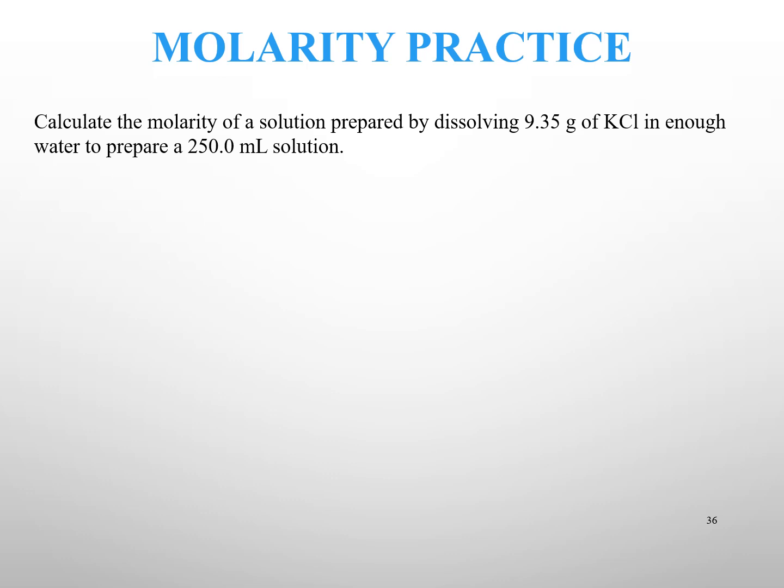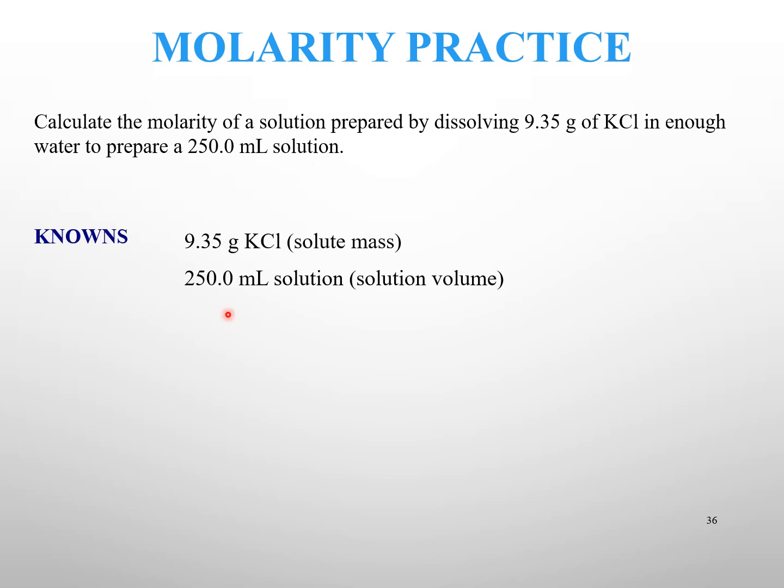So let's calculate molarity here. Calculate the molarity of a solution prepared by dissolving 9.35 grams of KCl in enough water to prepare 250 ml of the solution. So molarity is moles of solute divided by liters of solution. So you must take this grams to moles because this is a solute, and our volume here must be turned to liters.